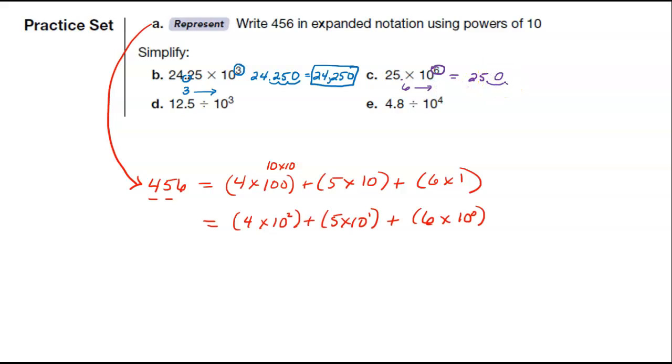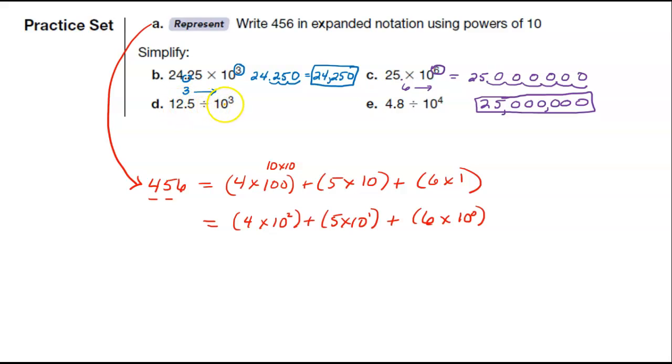So that's 1, 2, 3, 4, 5, 6. Okay, so that's 25, 1, 2, 3, 4, 5, 6. So let me find the places for my commas, and that is my answer to C.